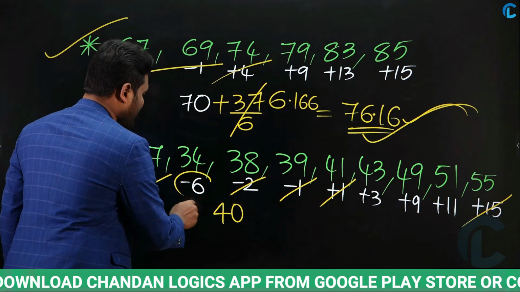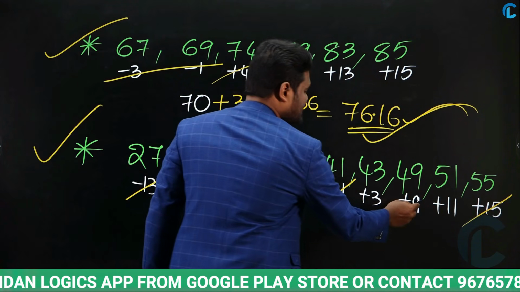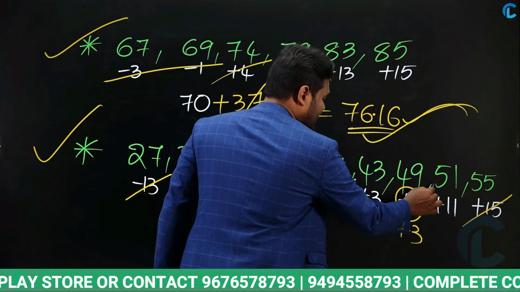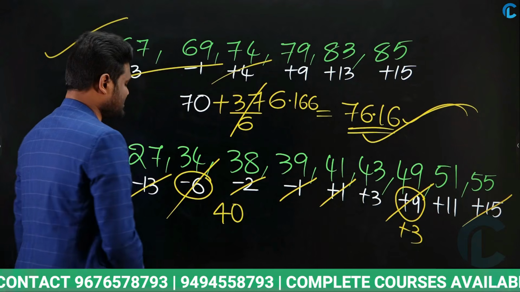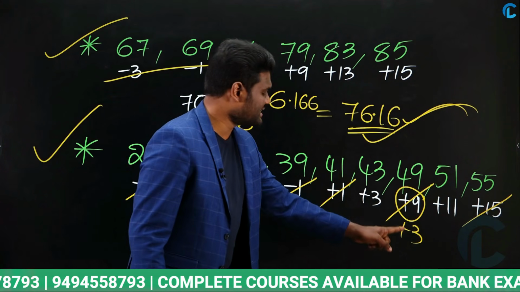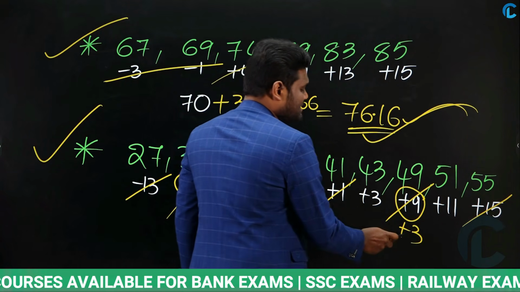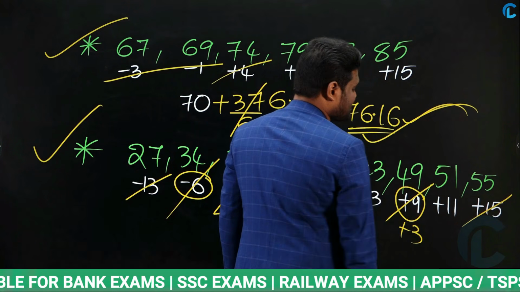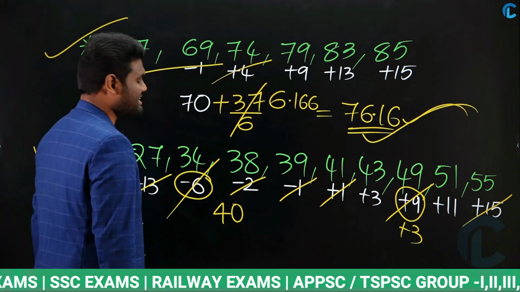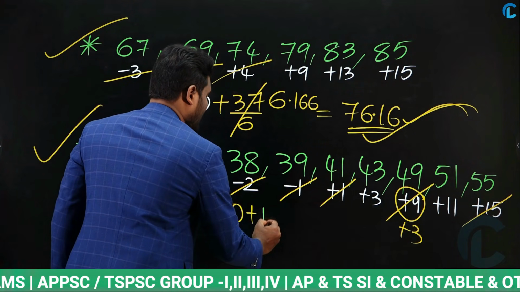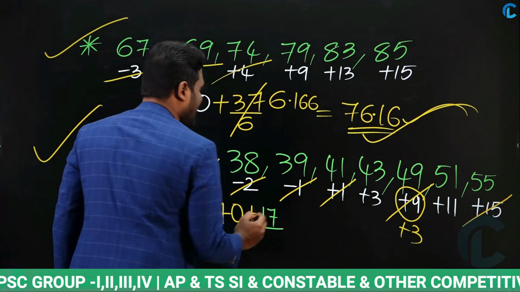This is -6, and this is +9. -6 plus 9 is nothing but +3. Now after cancellations, you're left with 3 plus 3, 6. 6 plus 11 is nothing but 17. I got 17 more. As I got 17 more, now I need to distribute this 17 and add.